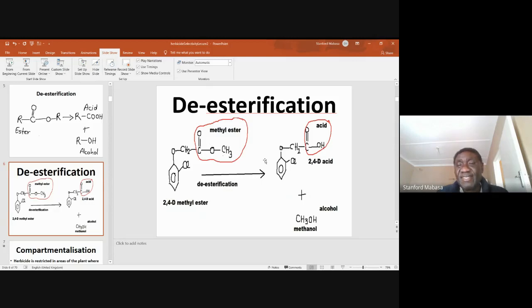That is to break this into an acid and an alcohol. So the result is 2,4-D acid, which is the killing herbicide, and the methanol. So if this process is fast, the plant gets killed. But if it is slow, we have plants surviving. And it is this reaction, in plants, which explains selectivity.